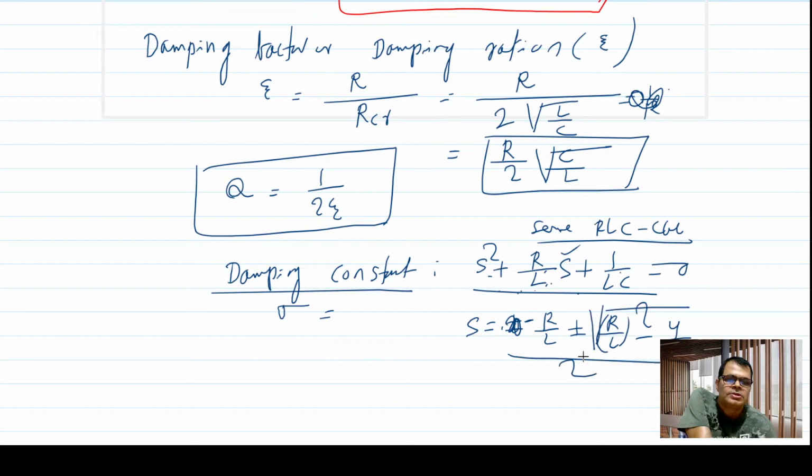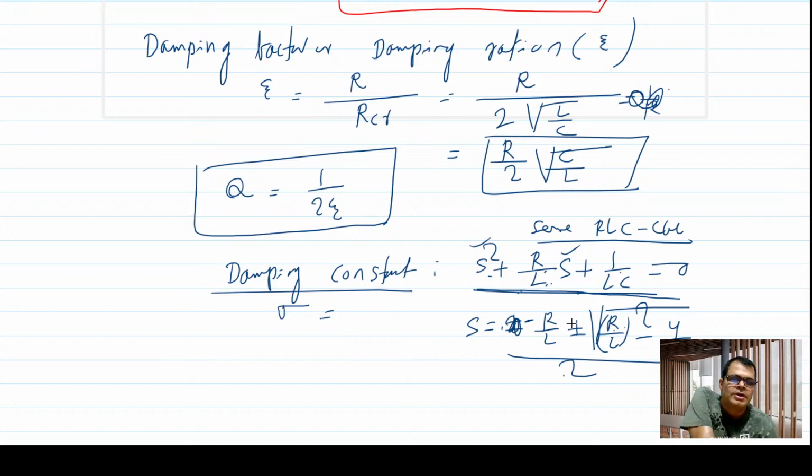And we are assuming that this is complex, because if it is a pure quadratic equation it should have complex conjugate poles. That is the case of underdamped.